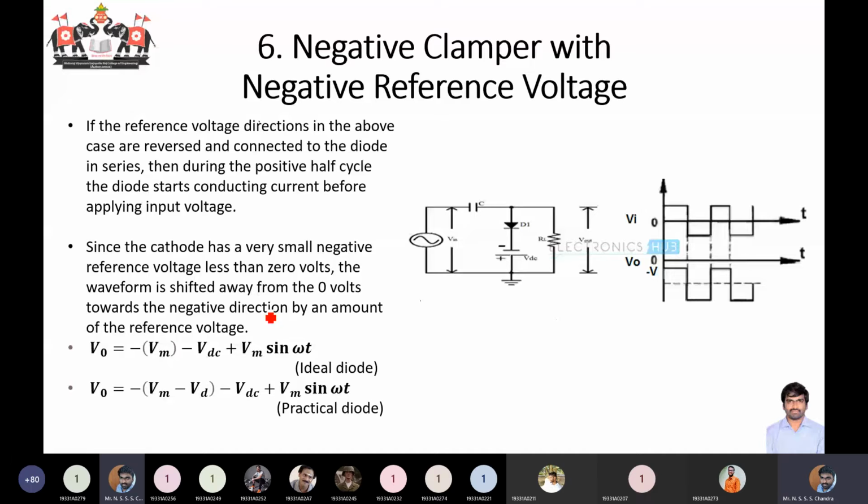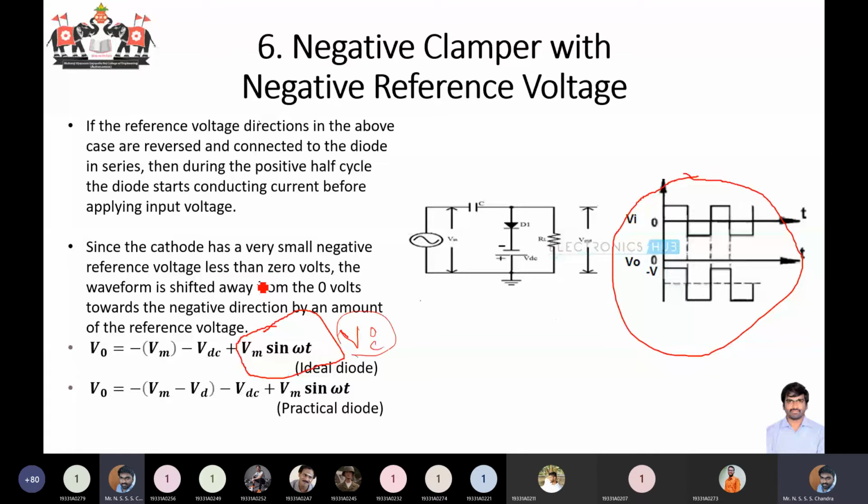You can see that in some of the model waveforms, instead of sinusoidal voltages, they are given rectangular voltages. Do not worry about that, because here we write Vm sin omega t because it is Vi, the input voltage.